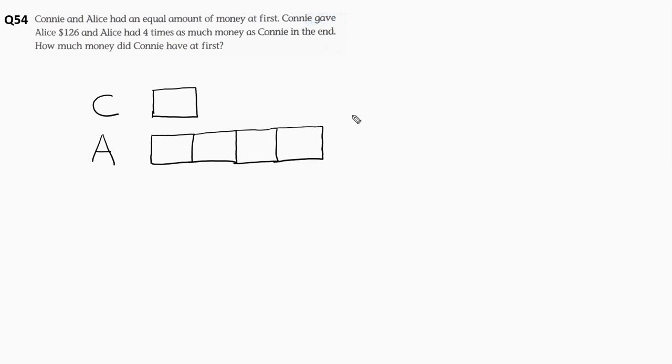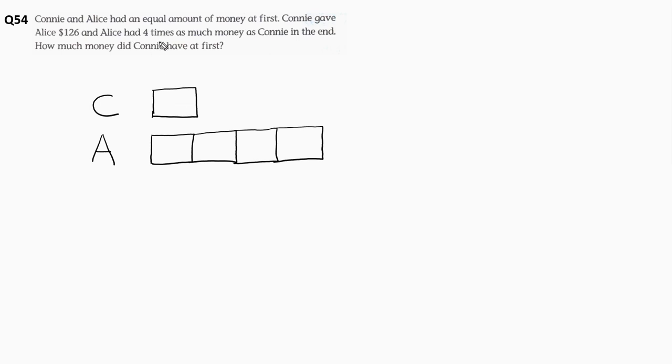And I hope you're starting to notice that in a situation like this, for example, we're told that Alice has 4 times as much as Connie. How many parts does that mean are in our model? Well, that means that there are 5 parts because the person we're comparing to also has a part. It can be very easy if you try to rush and do this in your head to just think, oh, I'm going to be dividing by 4.